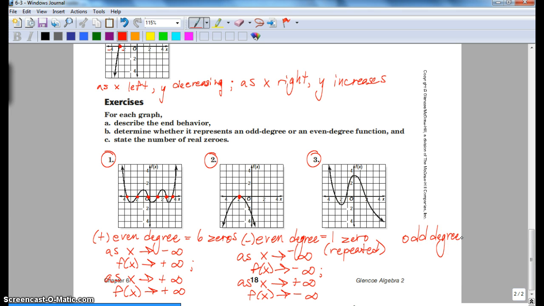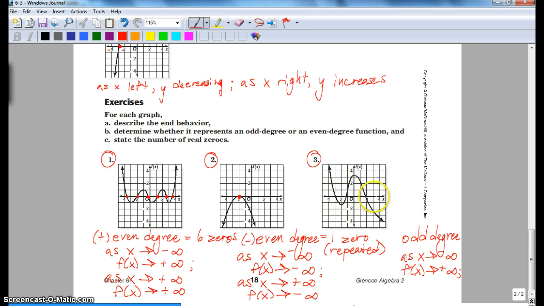Again, if it opens up and to the left, down and to the right, or down and to the left, up and to the right, it's technically odd. End behavior as x goes to positive infinity. Actually, let's start with negative. As x approaches negative infinity, or to the left, in other words, the y values are increasing. Positive infinity, therefore.